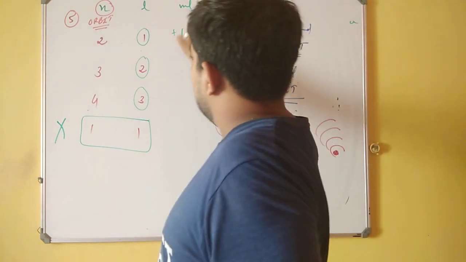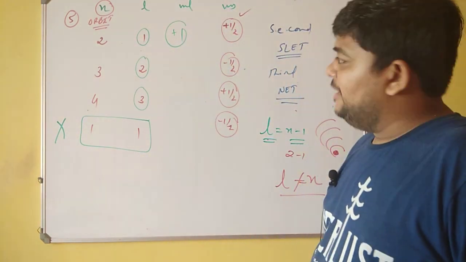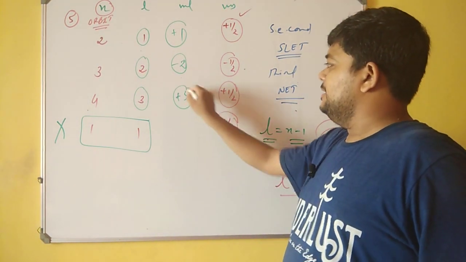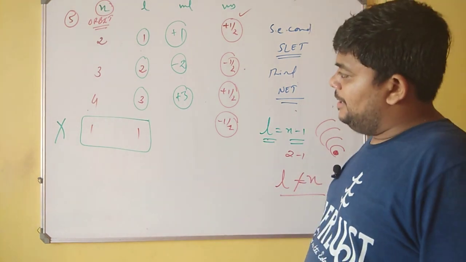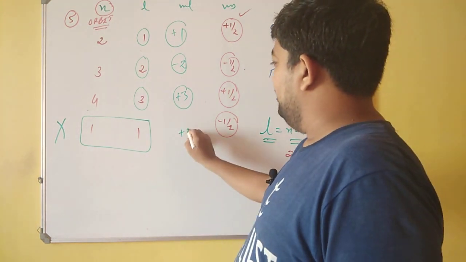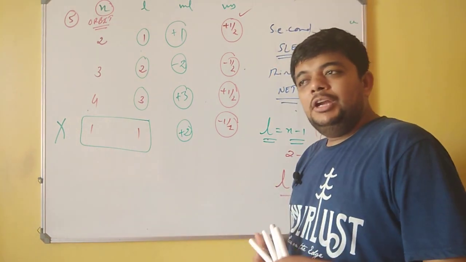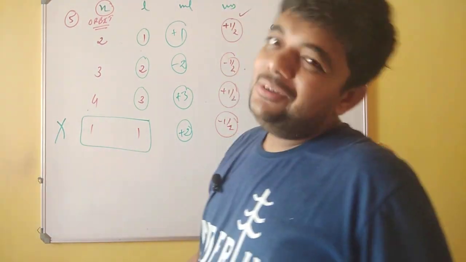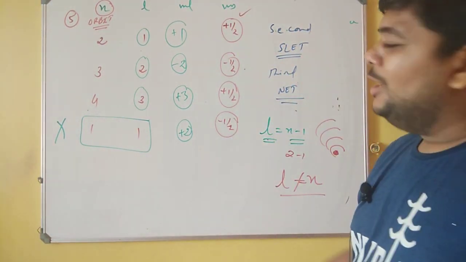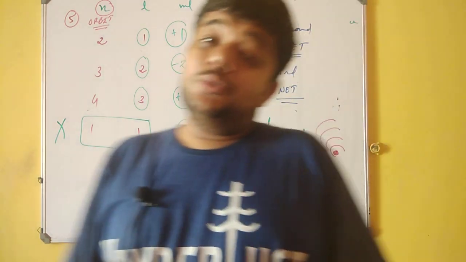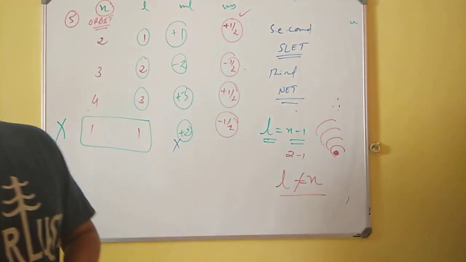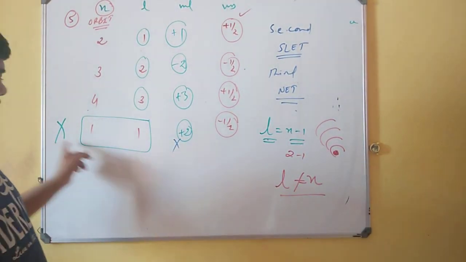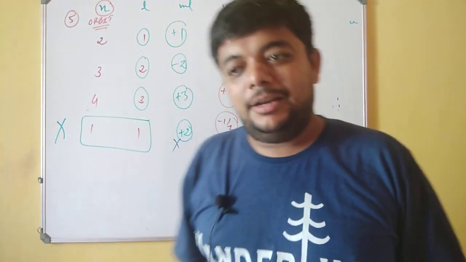So if I mention +1, yes, I am right. If I mention -2, yes, I am right. If I mention +3, yes, I am right. But when I mention over here +2, no need, because n is equal to L. So when n is equal to L, no need to go for the third one. So this is one of the very important set of quantum numbers, and from this you can very well say that, sir, fourth set is the incorrect one.